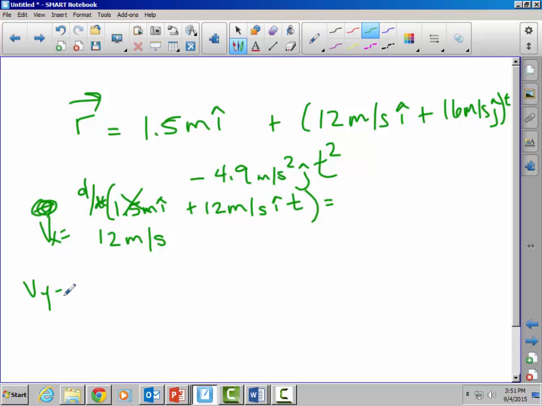So let's look at that again for the y direction. So in the y direction, what do we have? We have 16t minus 4.9t squared. So same thing but reverse. We're going to do 16, because that's the derivative of this, minus, and that's going to be 9.8 times time.